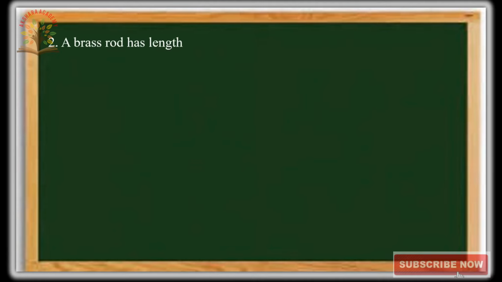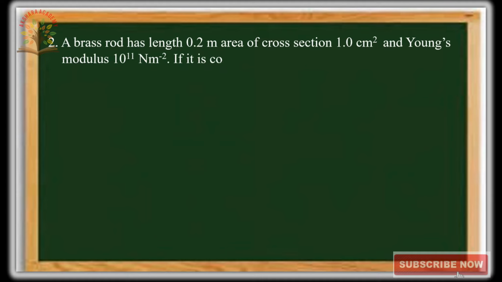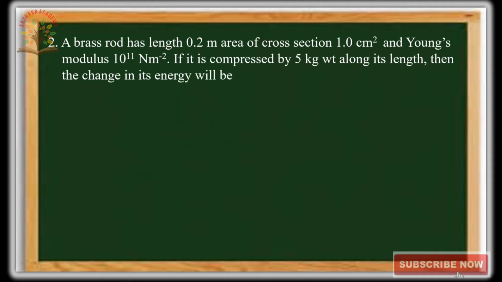Next let us go to the next question, that is the second question. A brass rod has length 0.2 meters, area of cross section 1.0 centimeter square and Young's modulus 10 to the power of 11 Newton per meter square. If it is compressed by 5 kilogram weight along its length, then the change in its energy will be.